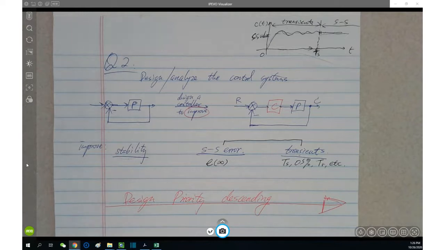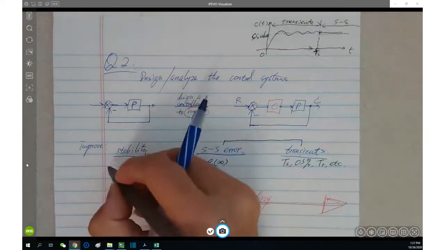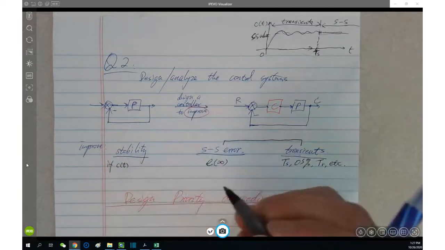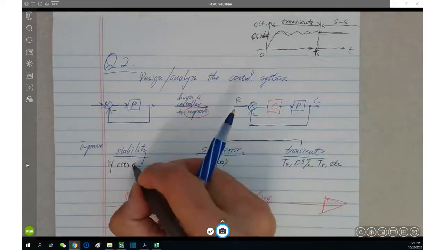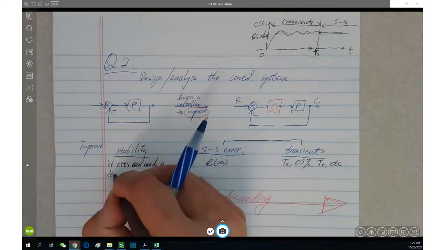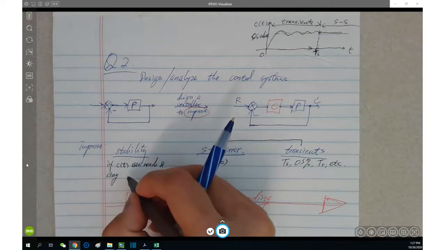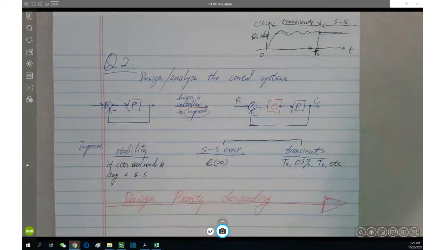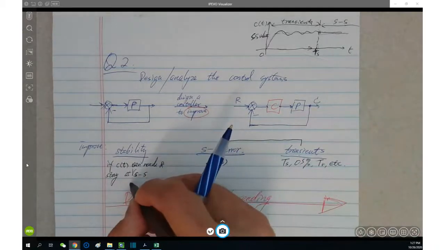Of course, what does it mean by stability? Stability means the output, which is C of t, can reach and stay at a steady state.